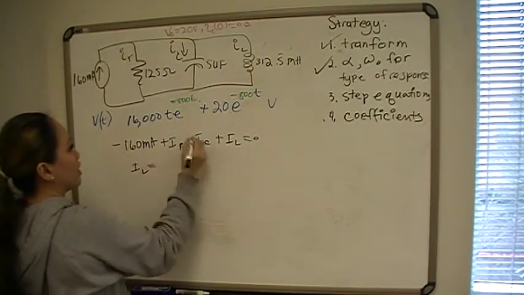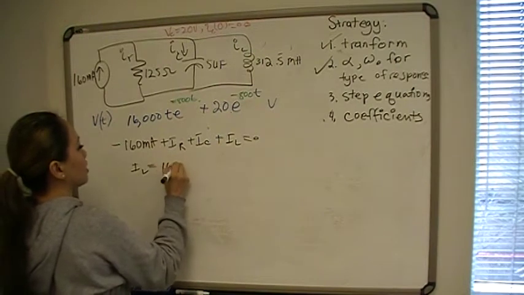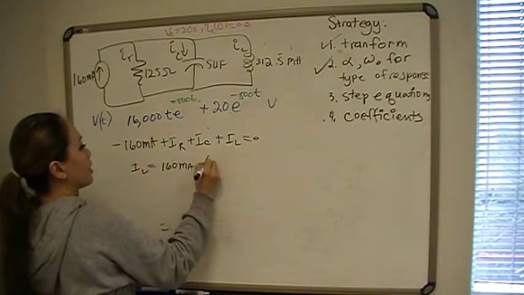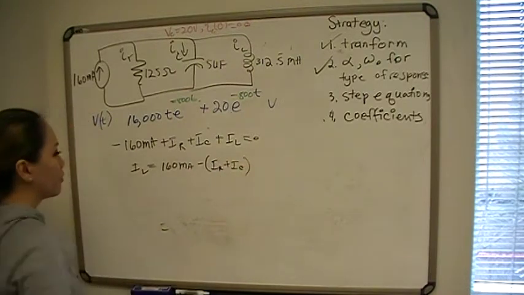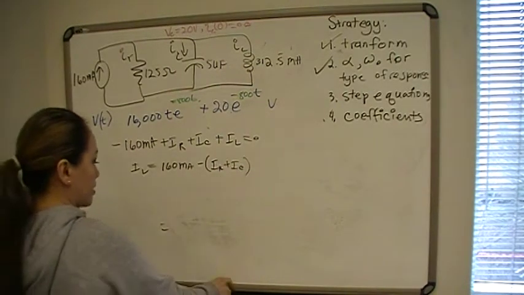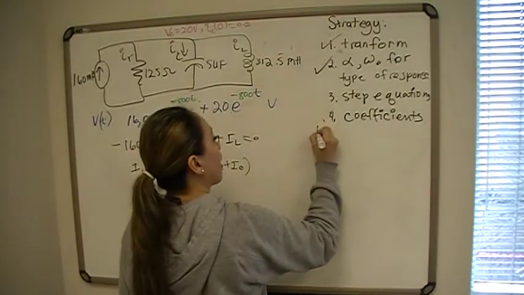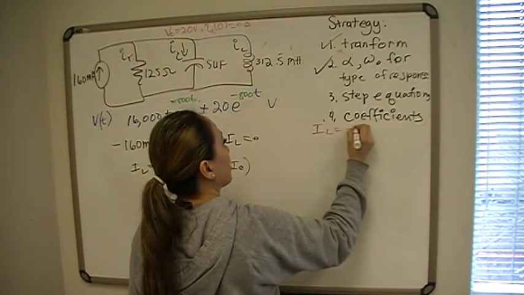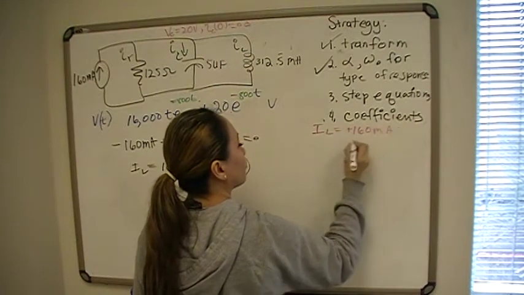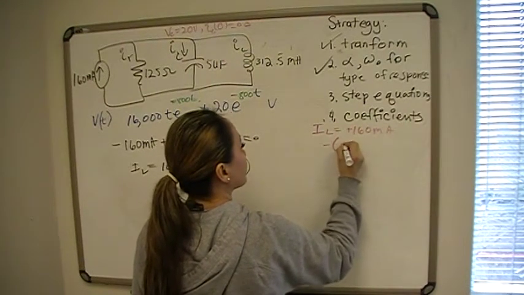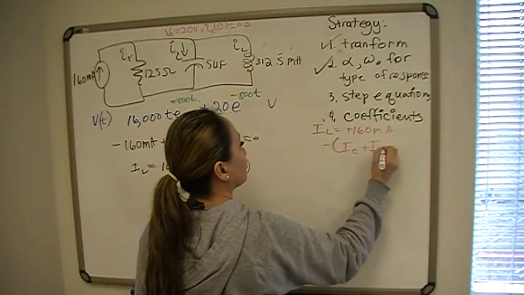So it's going to be the negative of that, which is 160 milliamps minus IR plus IC. Okay, so I'm going to put that aside and come back to that. IL is minus 1 plus 160 milliamps minus IC plus IR.